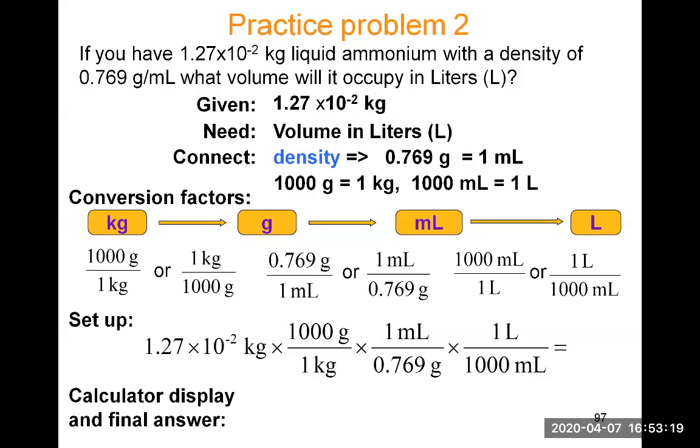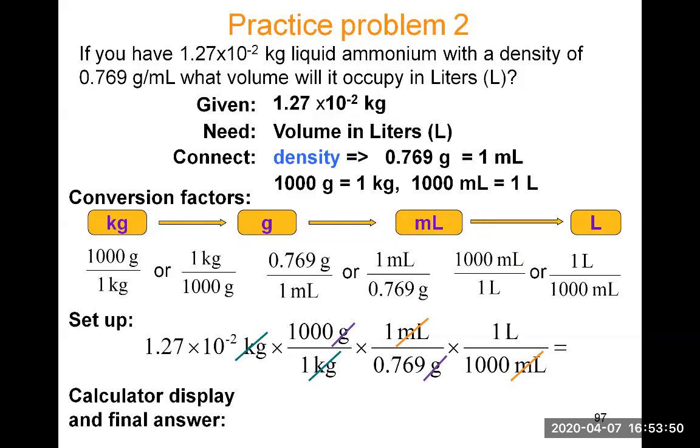Times the second conversion factor, which will cancel the grams, so it needs to have the 1 milliliter on top and the grams on the bottom. And the third conversion factor will cancel the milliliters by having the 1 liter on top and the 1,000 milliliters on the bottom. And we can see here that the units cancel perfectly, and that's what lets you know that this is written properly.